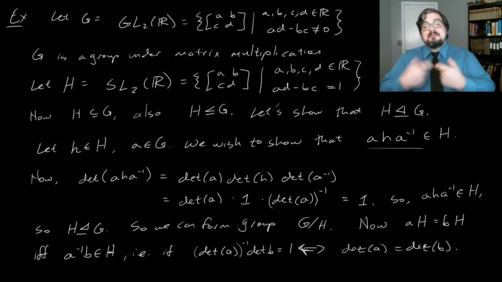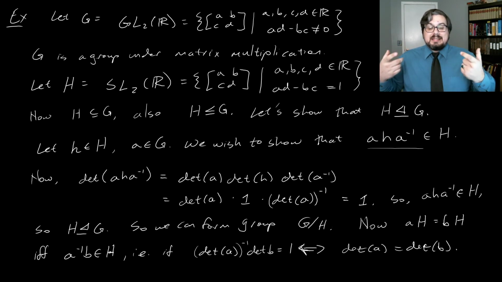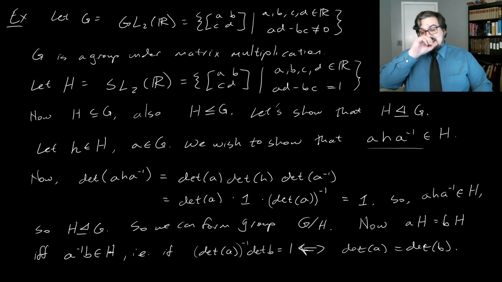They are representatives of the same coset in the group G mod H. So this, in fact, is saying that the group G mod H forgets everything about the elements of G except their determinant. And so the group G mod H has really a far simpler structure than the group G does, because it really doesn't tell the difference between two matrices unless they have different determinants.